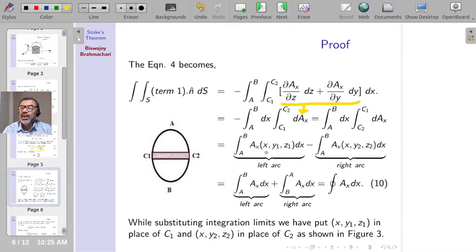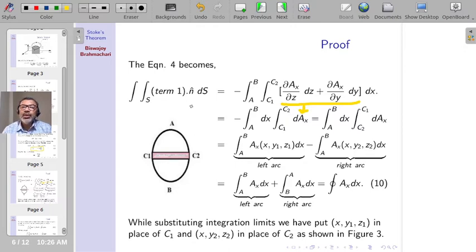So this is not cancelling to give us 0. What we can do is change this minus sign to plus sign by flipping the limits. So a to b Ax dx along the left arc plus b to a Ax dx along the right arc, which will give us the integral over the whole closed curve A C1 B C2 A of Ax dx, which is the part of the line integral coming from term 1.